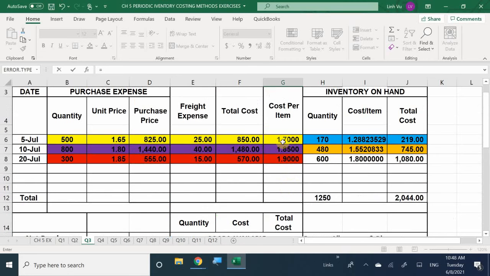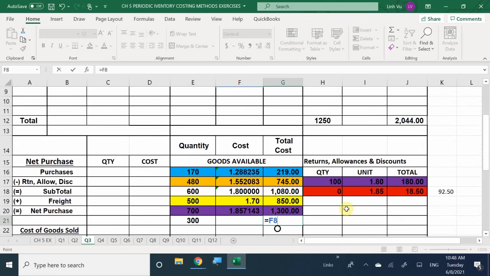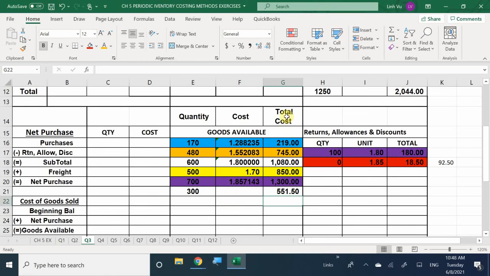So therefore, I'm not paying the total of $570. I'm paying $18.50 less. So therefore, what was my total cost going to be for my red batch? $551.50. Okay? And in this case, because I have a new cost, I need to divide the cost evenly amongst my 300 units.